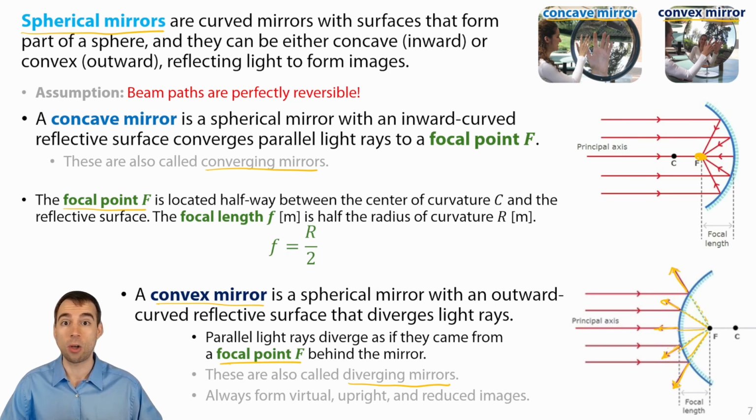And you can still solve for that focal point the same way that we did for the concave mirror. But the difference is that with a convex mirror, the focal point is behind the reflective surface, and we mark the center of curvature behind the reflective surface. So we need to think about if these parallel light rays were coming in, they would be directed off of that reflecting surface such that they could be traced backward through the focal point.